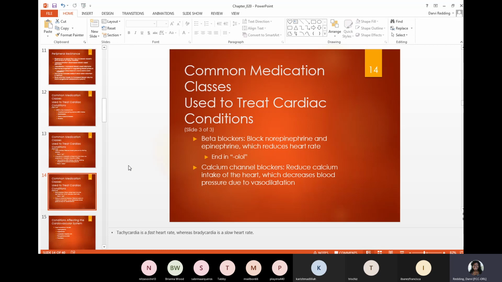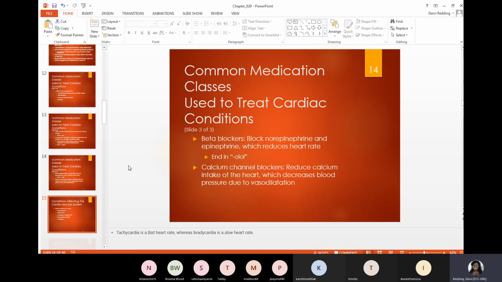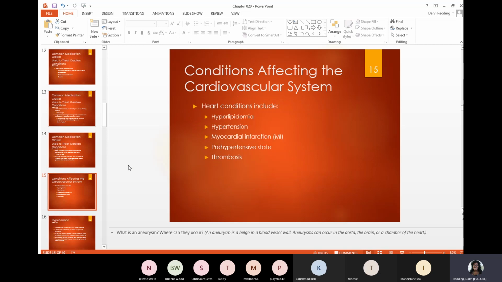So as we continue learning more about the cardiovascular system, let's talk about some conditions that affect the cardiovascular system. When we think of heart conditions, we should also think of hyperlipidemia, which represents high lipids, in another word high cholesterol.